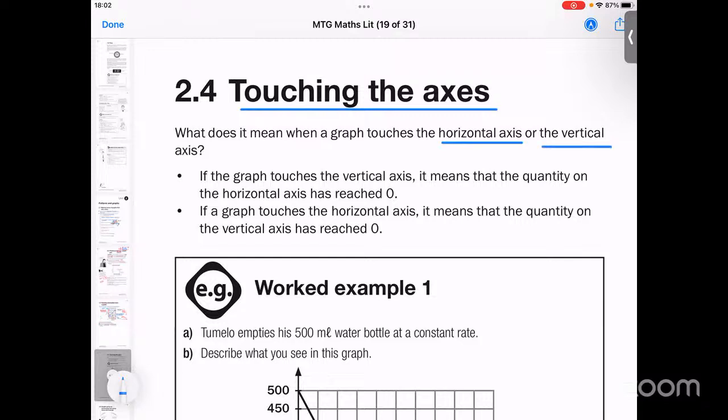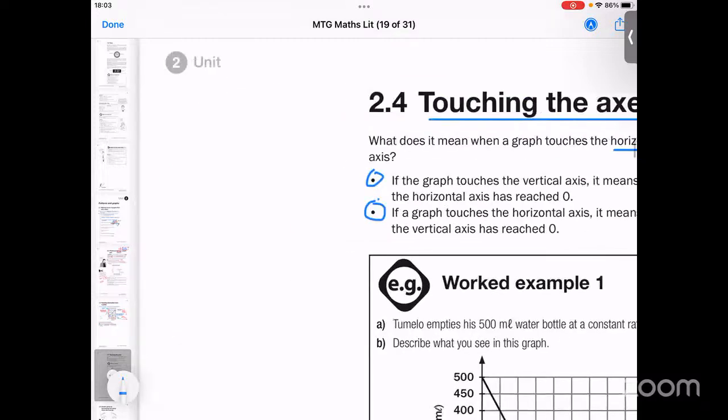If the graph touches the vertical axis, what it means is that the quantity on the horizontal axis has reached 0. If a graph touches the horizontal axis, it means that the quantity on the vertical axis has reached 0.